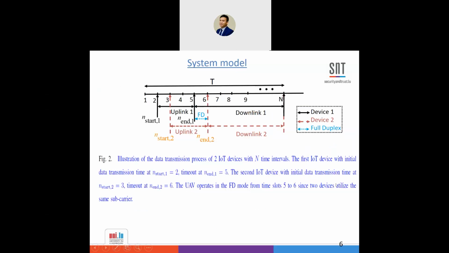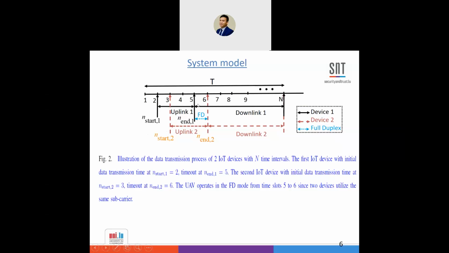In this figure, we illustrate two devices for easy understanding of the full duplex mode in this work. Device 1 starts transmitting data at time slot 2 and ends at time slot 5. Device 2 starts transmitting data at time slot 3 and ends at time slot 6.